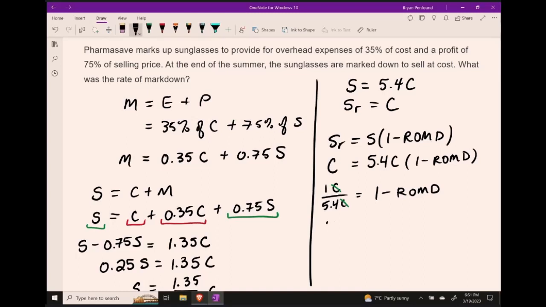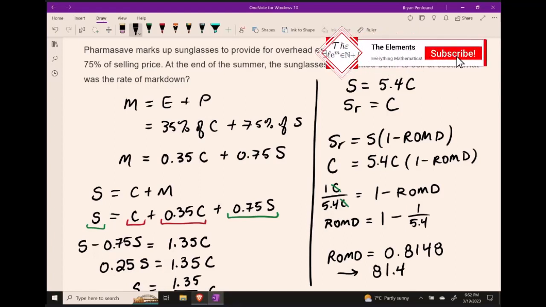Like we've done before, let's move the rate of markdown over to the left-hand side of our equal sign and leave the 1 where it is. And we're going to subtract off this fraction of 1 over 5.4. Performing the indicated subtraction gives us 0.8148. In other words, the rate of markdown here is about 81.48%.